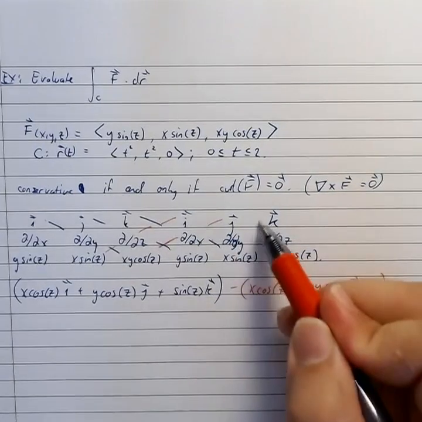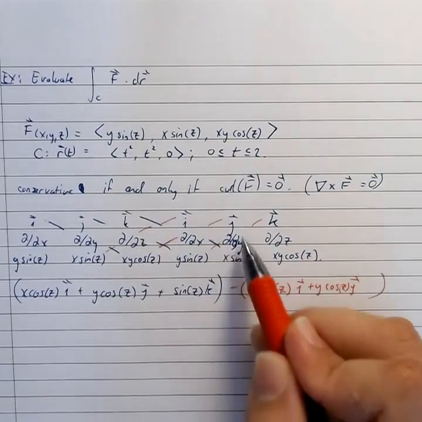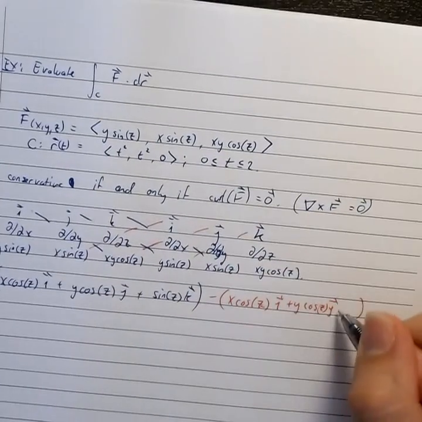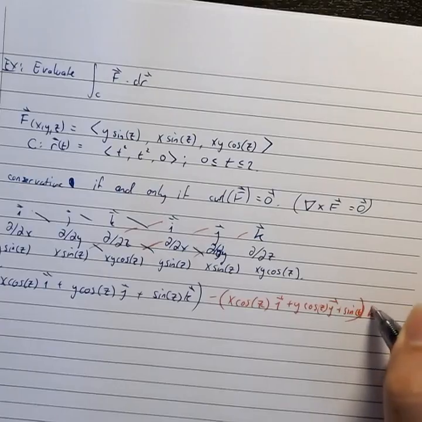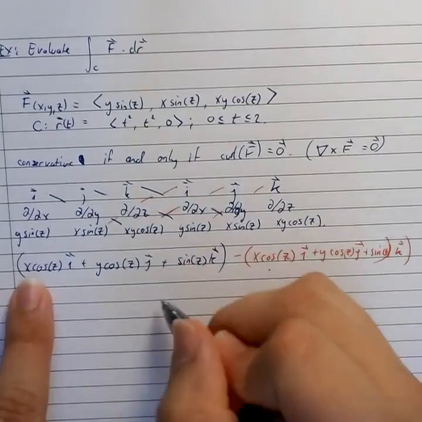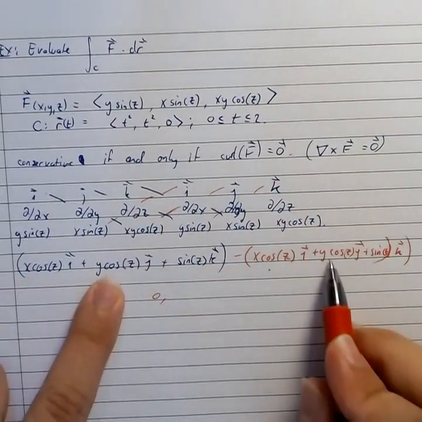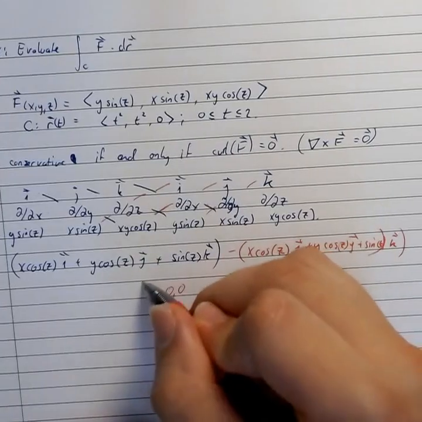And finally, the derivative of y sine of z with respect to y is just sine of z, so plus sine of z, k. And sure enough, that's 0. This one minus this one is 0. This one minus this one is also 0. And this one minus this one is equal to 0 as well.